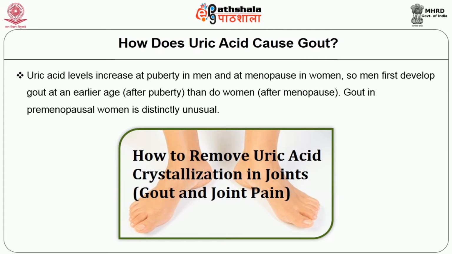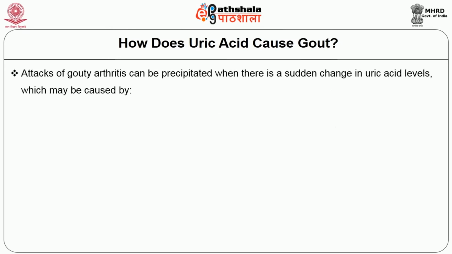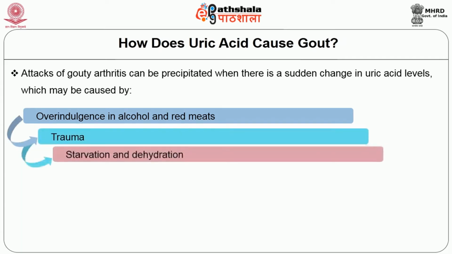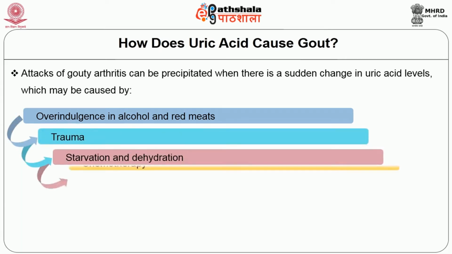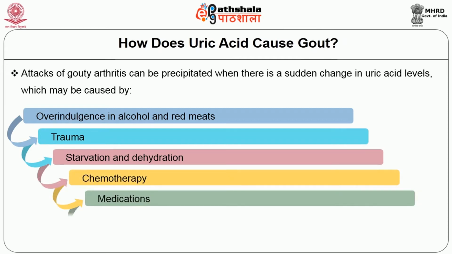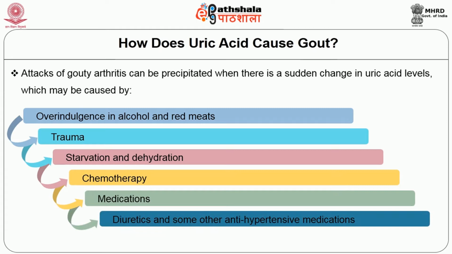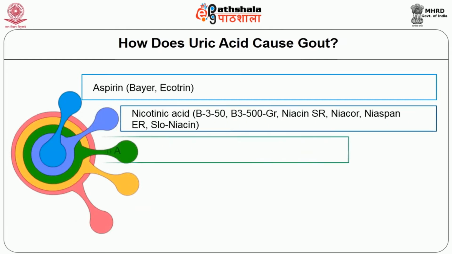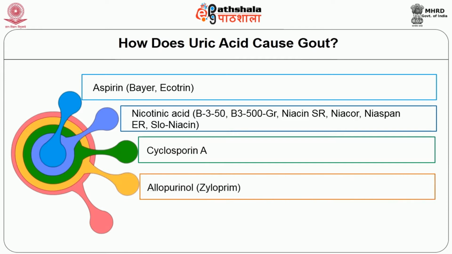Attacks of gouty arthritis can be precipitated when there is a sudden change in uric acid levels, which may be caused by overindulgence in alcohol and red meats, trauma, starvation and dehydration, chemotherapy, medications, diuretics and some other antihypertensive medications, aspirin, nicotinic acid, cyclosporin, allopurinol and probenecid.